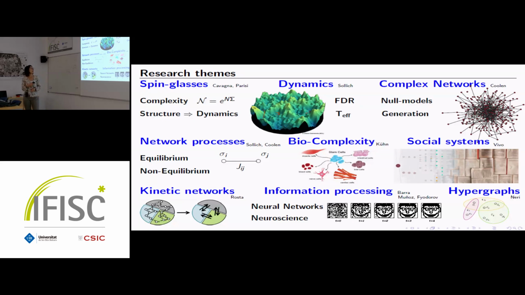Then I moved to consider dynamics in non-equilibrium settings with a main focus on fluctuation-dissipation violation with Peter Sollich. Next, I initiated a new research line in complex networks, mainly with Tom Cullen and other collaborators as well. A central question at the time was a good definition of null models. This is because if I observe a network and observe some features, one of the first things I want to know is whether these are special or just normal, okay?